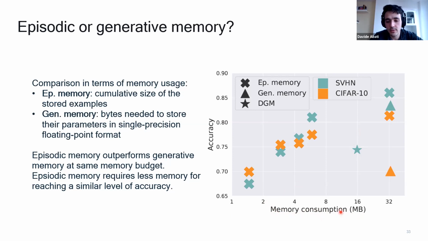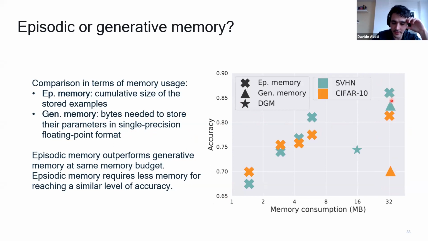We can plot the memory consumption against the accuracy, and by memory consumption for the episodic memory, we refer to the size of the stored examples without compression, and for the generative memories, the bytes needed to store the generator, basically the generative model that allows you to draw samples from the previous tasks.